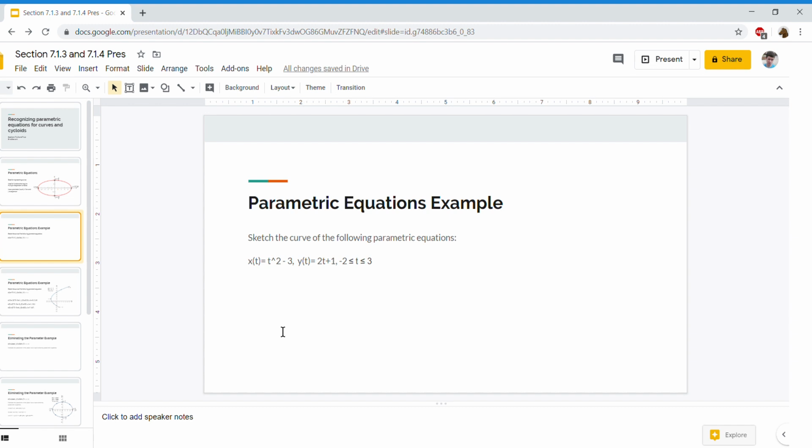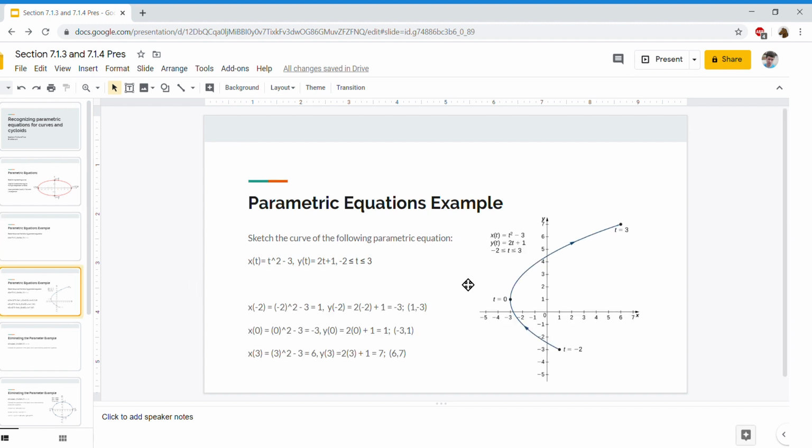So this is pretty straightforward. All you have to do is take as many values for t as you would want and plug them into each function and then plot the graph accordingly. For a pretty accurate representation, you'd probably want to do just the integer values from -2 to 3.